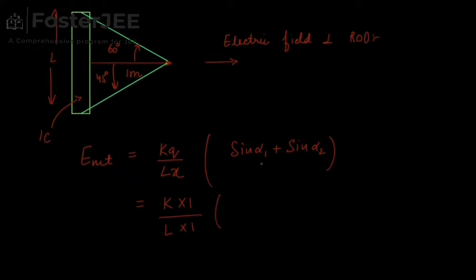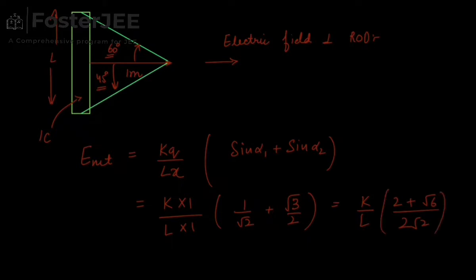Now sine of alpha 1 is 1 upon root 2, plus sine of alpha 2, that is 60, which becomes root 3 upon 2. That is k by L into (2 plus root 6) upon 2 root 2. This is the value of electric field.